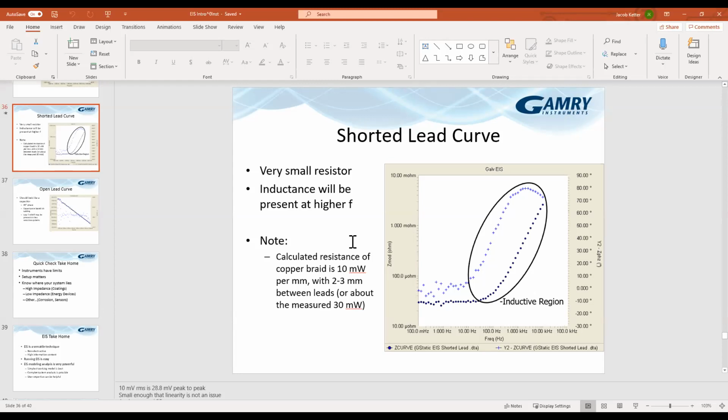And if you're very confident in those assumptions, that's great. But the constant phase element values are actually better representative of your data than a conversion to a capacitance would be. Now, that doesn't change the fact that a lot of times people will write up a paper, put the CPE values in there and submit it, and one of the reviewers will come back and say, you need to convert that to a capacitance.